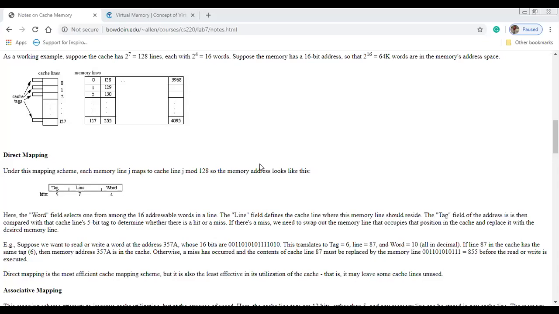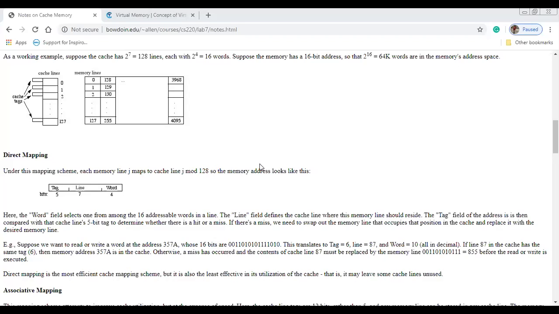And the next 7 bits, after 00110, we have 1010111. This is used for representing the line field. If you calculate the decimal value for this, you will get 87. And the last 4 bits, that is 1010, are used for representing the word.